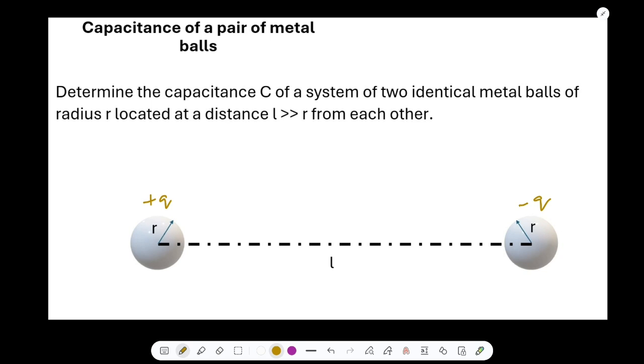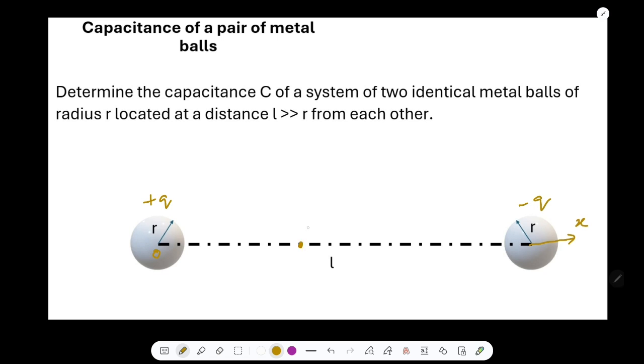Now I would like to take an x-axis in this direction with the origin of the x-axis at the center of the left ball, and now we need to find the electric field at a point on this x-axis.